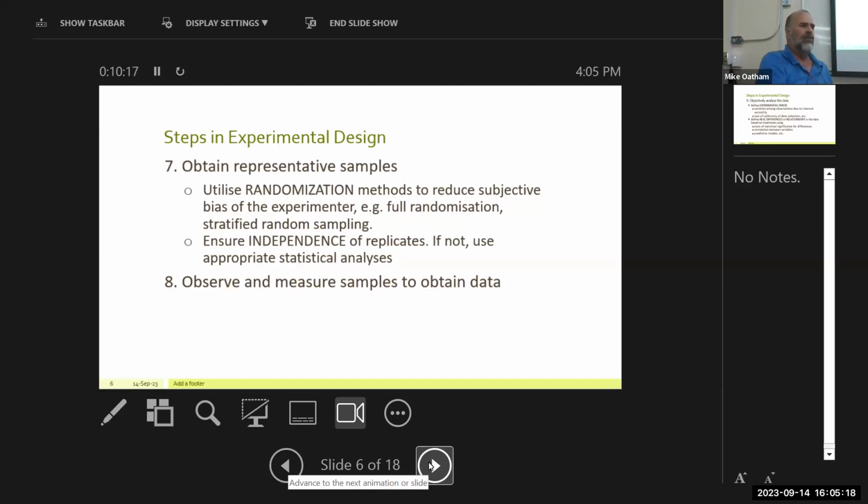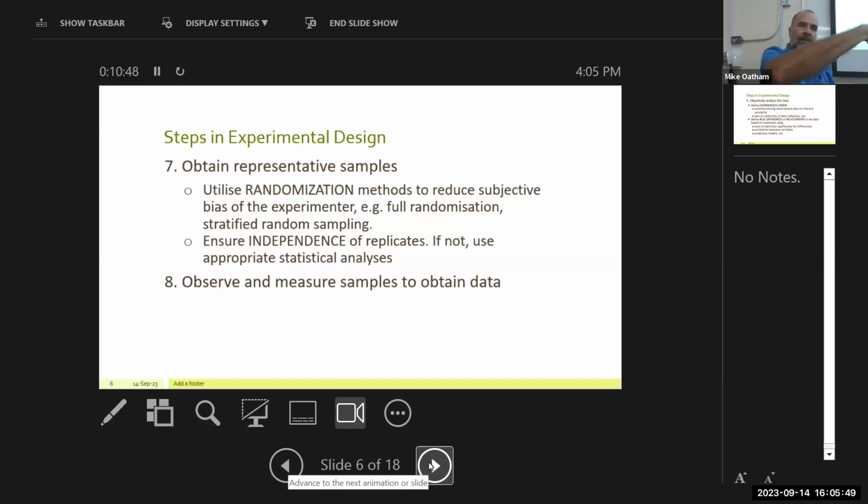Okay, you may think, well, I'd never do that anyway, but in some ways you can. So for instance, if you are sampling on a grid, the first sample is really going to dictate where the next sample is taken, because you're taking it on a grid. You're taking a sample at each vertice on that grid, for instance, or the center of each square in a grid.